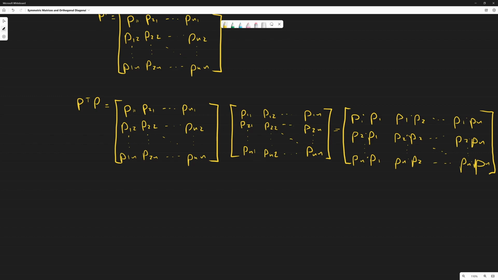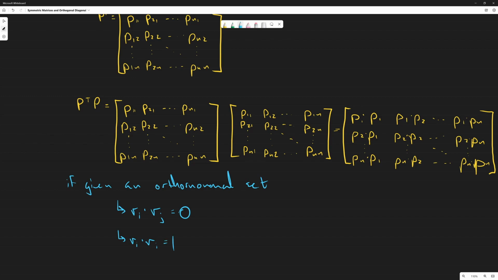What we learned in the inner products chapter is that given an orthonormal set, we know two things: the dot product of a vector in the set with any other vector in that same set is equal to 0, and the dot product of a vector in that set with itself is equal to 1.